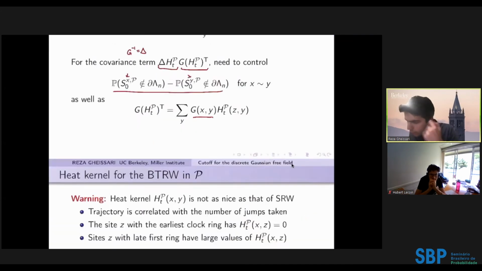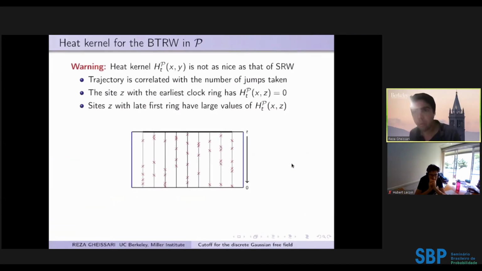But for us, I want to give a warning about the heat kernel in this Poisson noise. So first of all, the trajectory that the walk takes is correlated with the number of jumps taken. So the number of jumps is a kind of Poisson random variable if one doesn't know about anything else, because you can couple it to just exponentials every time you make a jump to see the next clock ring.